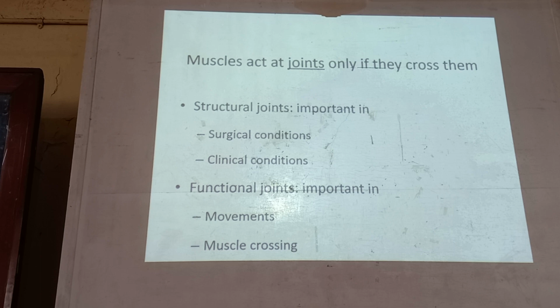Sternoclavicular joint allows the movements of protraction, retraction, elevation, depression. And the last two movements, forward rotation and return rotation, 60 degrees are possible, of which 40 degrees occurs at sternoclavicular joint. Only 20 degrees of rotation is possible at acromioclavicular.